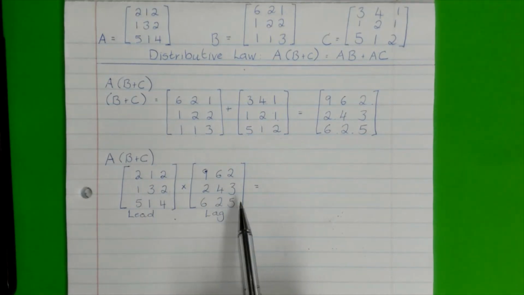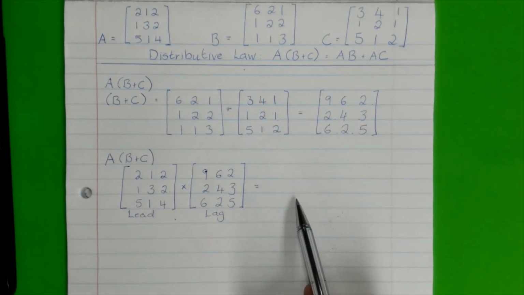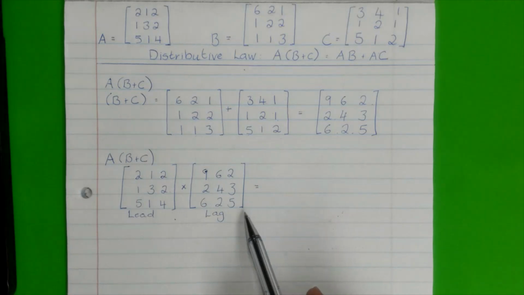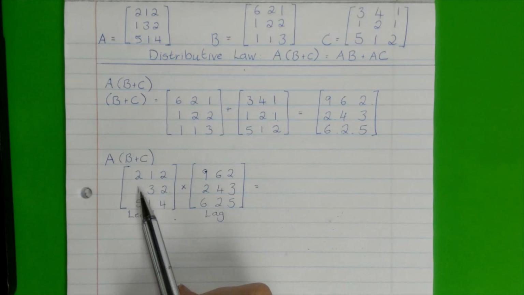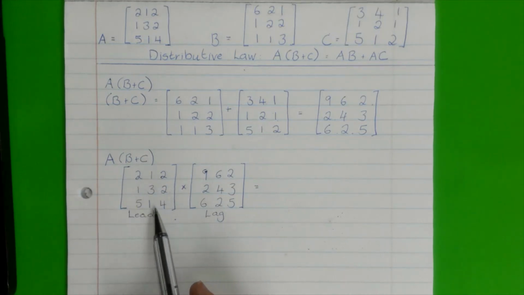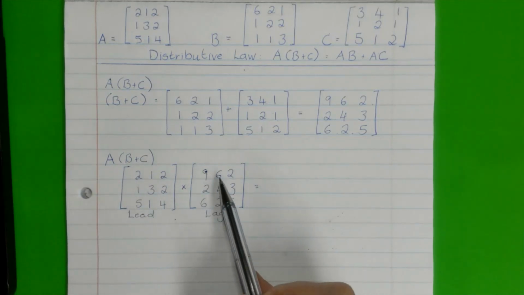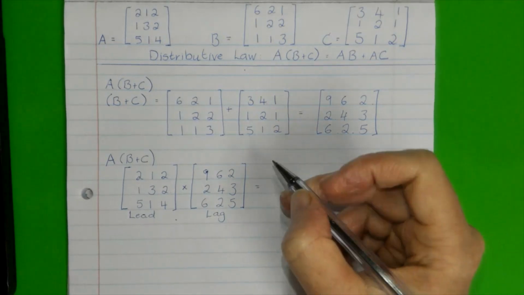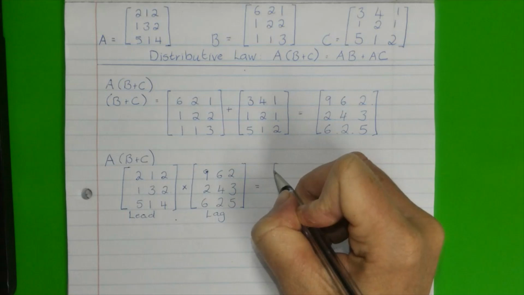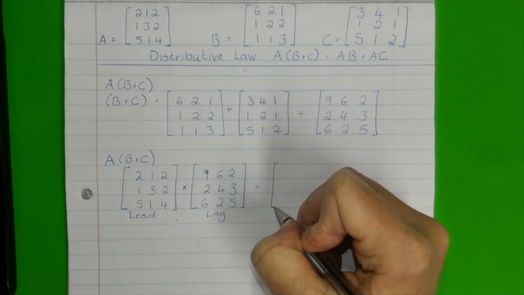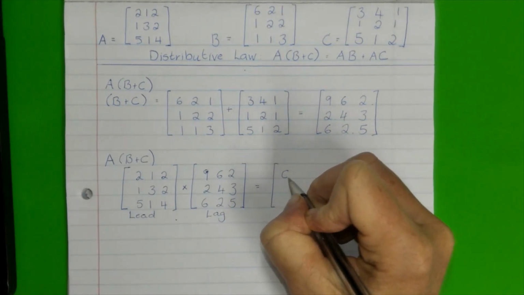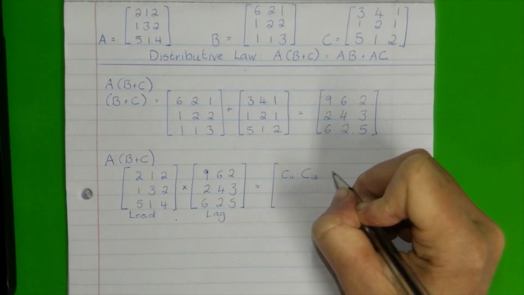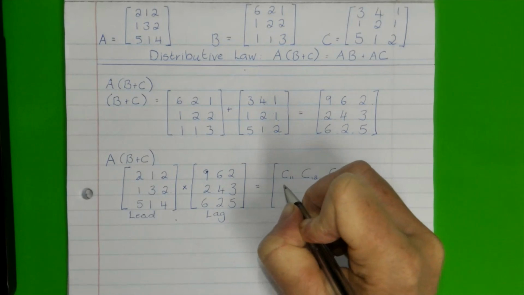In terms of the dimensions of the product matrix, it will have the same number of rows as the lead matrix and the same number of columns as the lag matrix. So if we denote each element of the product matrix with a C, we can write out each element as follows.